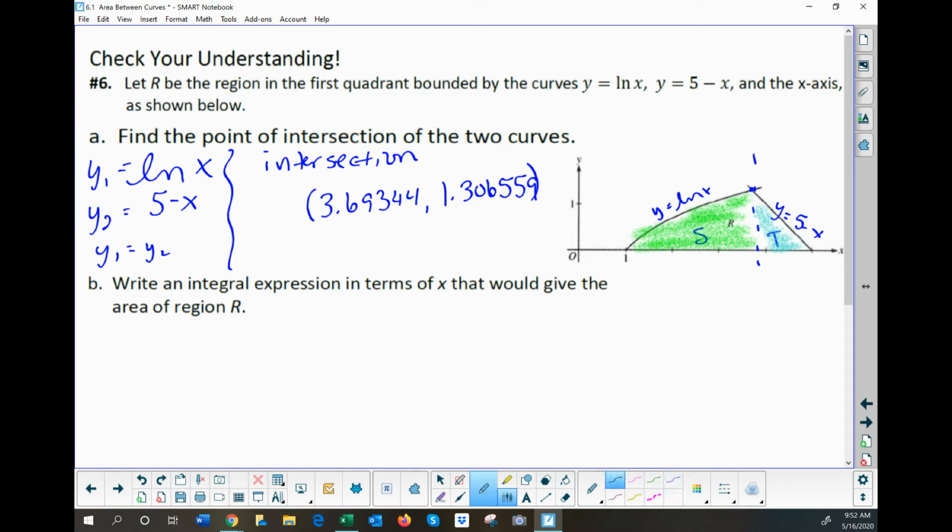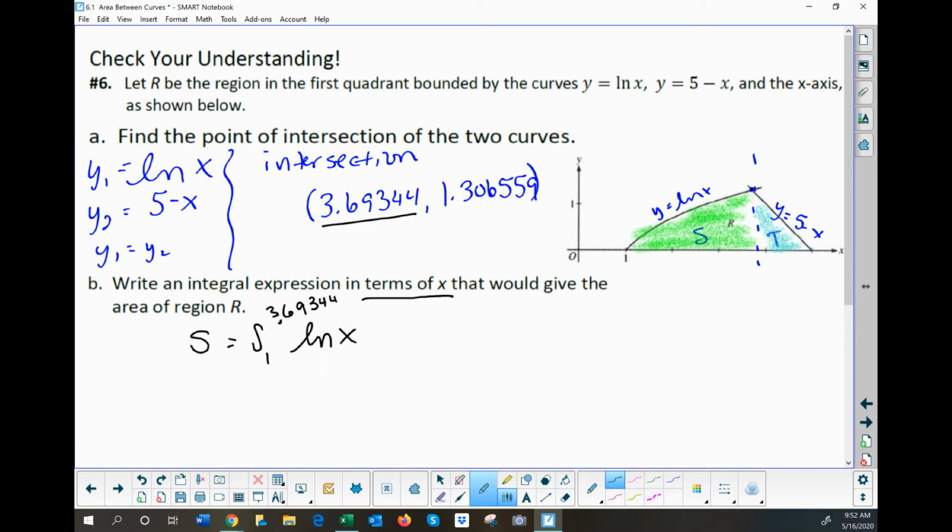Write an integral expression in terms of x. So I would have region S equals the integral from 1 to this point here, 3.69344. That x value that we captured from the calculator. And I want top function minus bottom function.